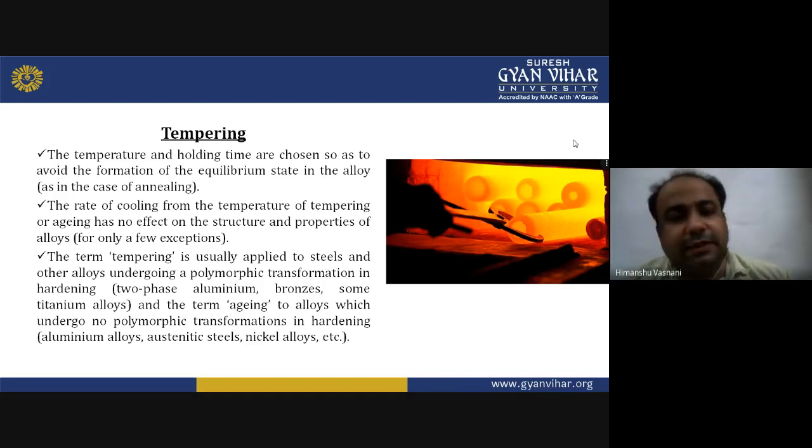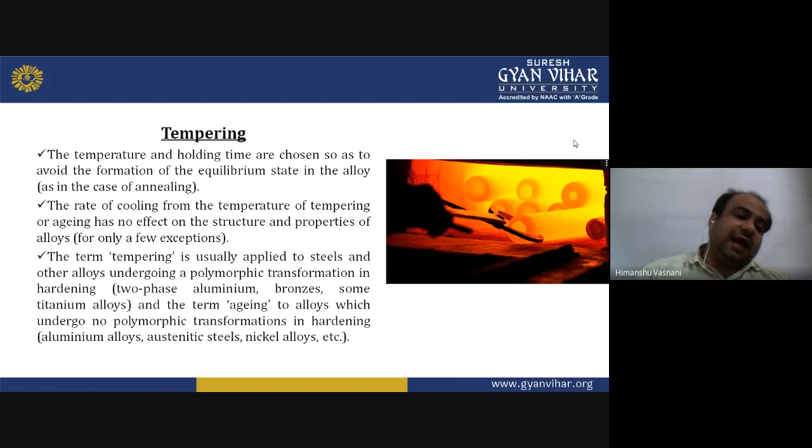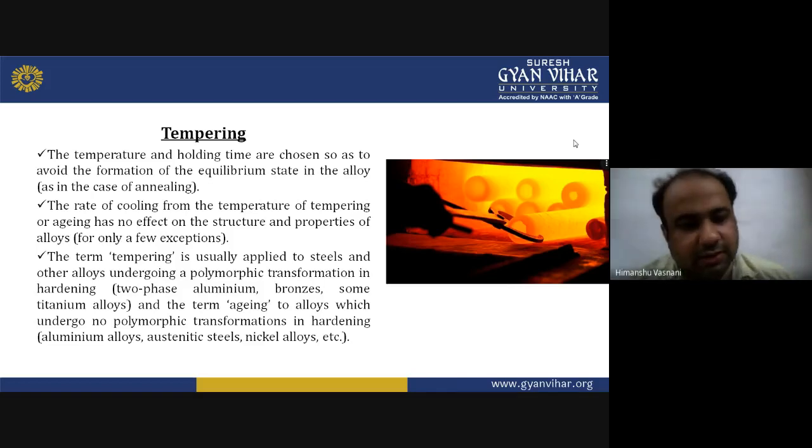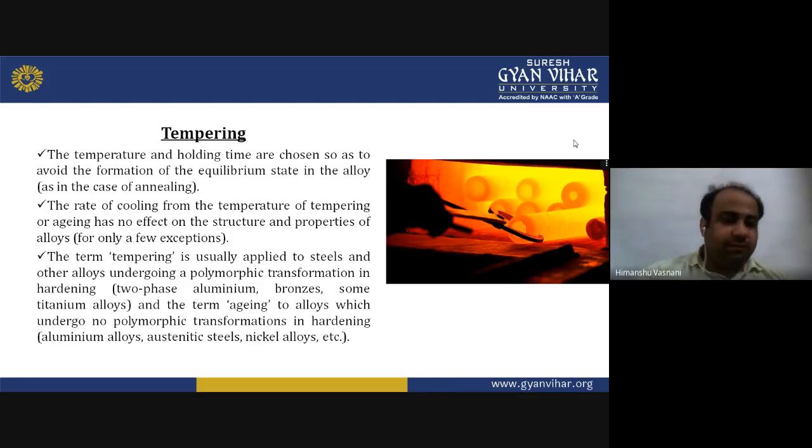The term tempering is usually applied to steels and other alloys undergoing a polymorphic transformation in hardening, like two-phase aluminum or bronzes or some titanium alloys, and the term aging to alloys which undergo no polymorphic transformations in hardening, like some aluminum alloys, austenitic steels, nickel alloys, etc.